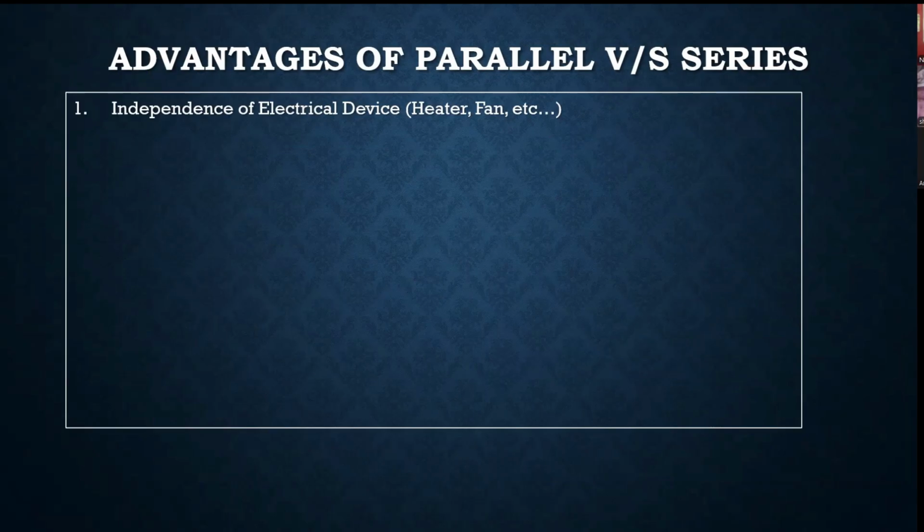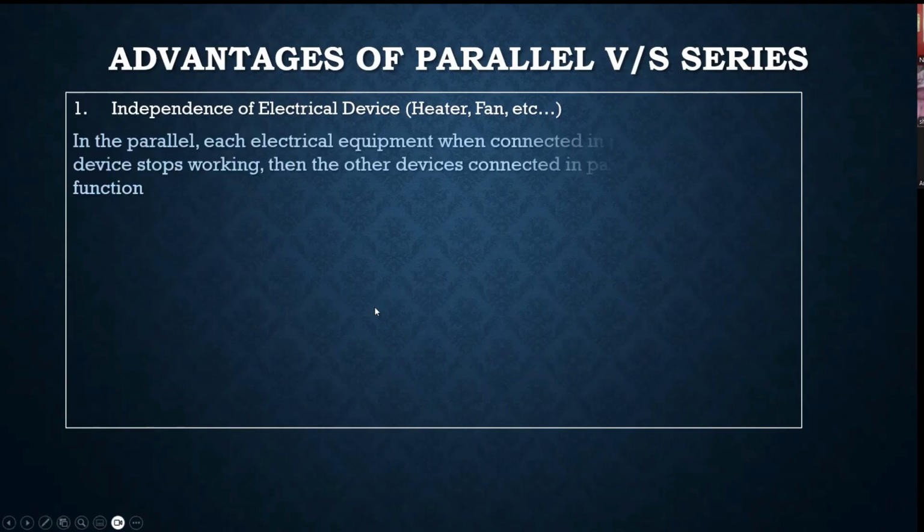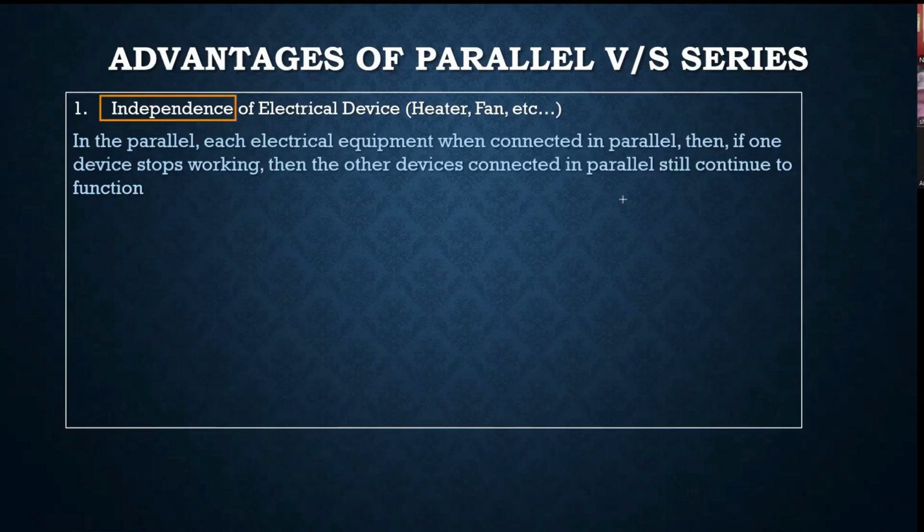Even if your TV breaks down, your fan and heater will continue to work. So that's why each device gets its independence, right? Even if one device stops working, the other devices in parallel continue to function.